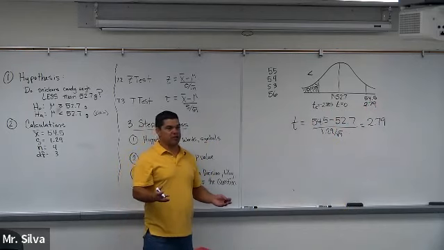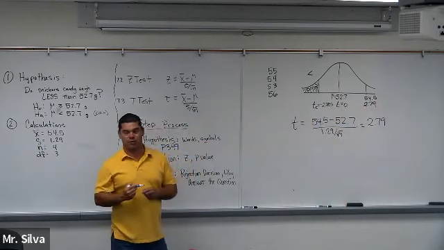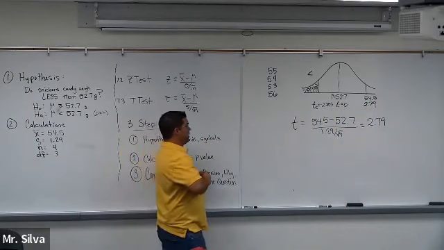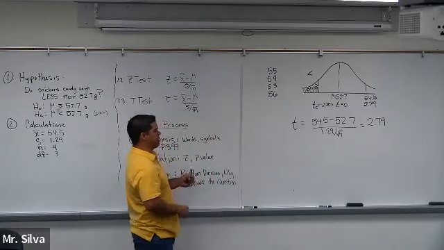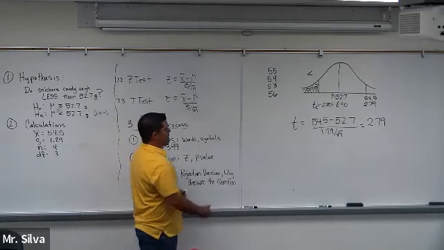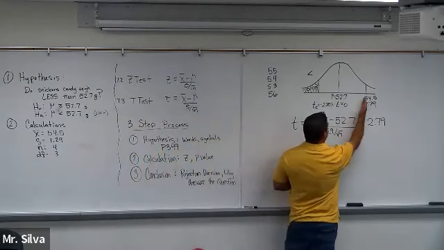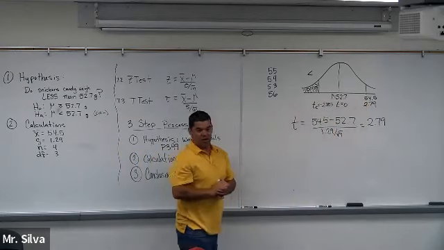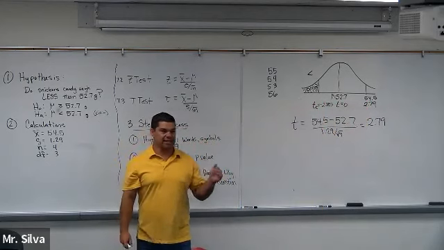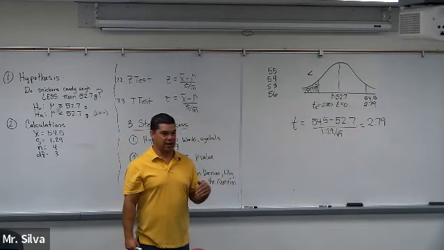So now we're going to measure the p-value. The p-value is the probability of finding a value that small or smaller. Okay, because we're talking less than. If I'm talking less than, I'm going to find the area to the left of 2.79. But this is a t statistic, so we'd have to use a function called tcdf in our calculator.